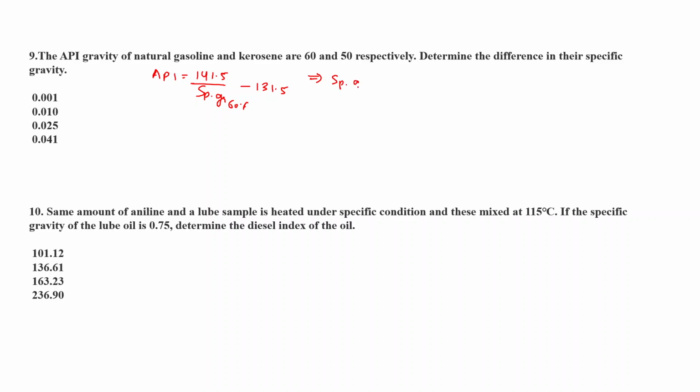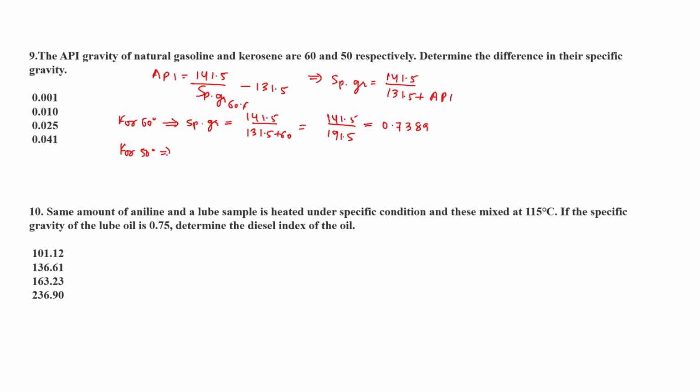So specific gravity will be 141.5 upon 131.5 plus API. So for 60-degree API, specific gravity will be 141.5 upon 131.5 plus 60, which is 141.5 upon 191.5, giving us 0.7389.